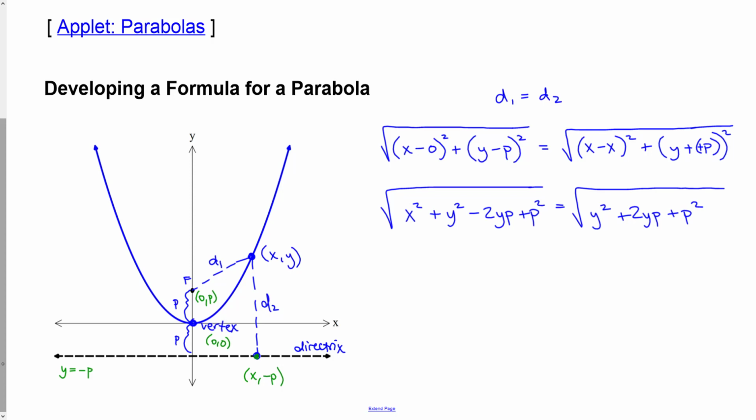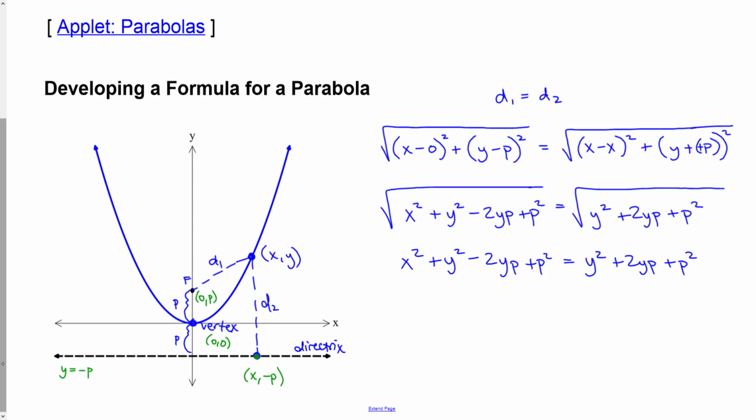Now, I'm going to square both sides, because if I have the square root taken on both sides, I can square both sides and just release what's underneath those square roots, which gives me x squared plus y squared minus 2yp plus p squared equals y squared plus 2yp plus p squared. And there's a bunch of terms on each side that are equal.